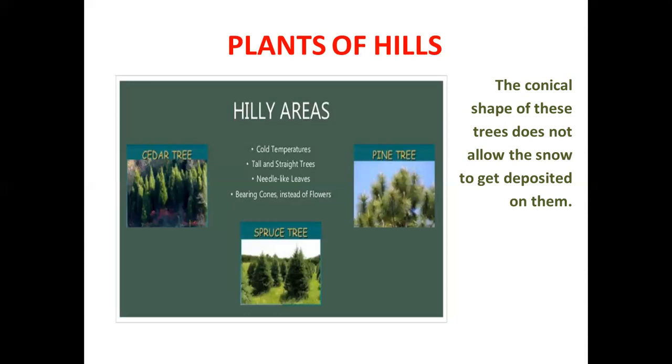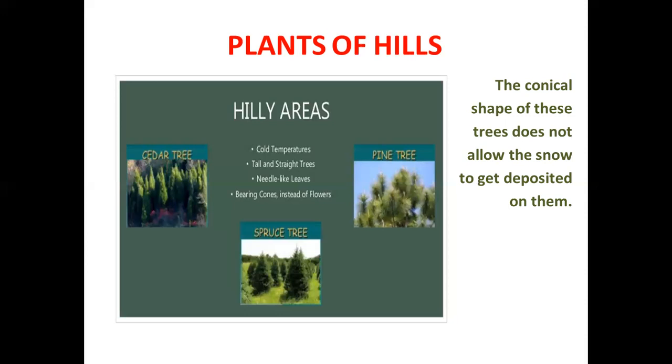In hilly areas, usually the snow is falling off always. Because of the presence of these needle shaped leaves, the snow cannot be deposited on the leaves, it will come down. So the conical shape of these trees does not allow the snow to get deposited on them. So they bear cones instead of flowers.